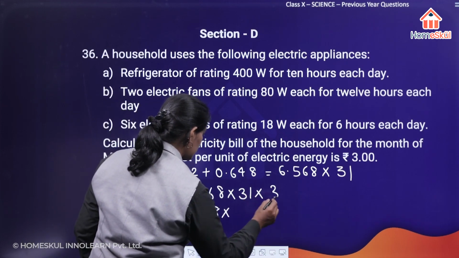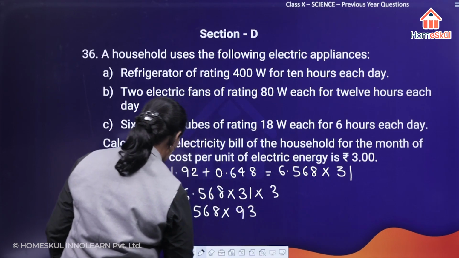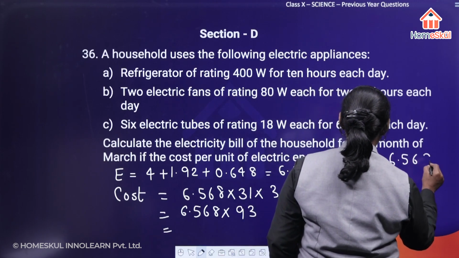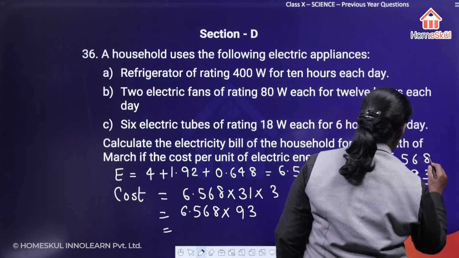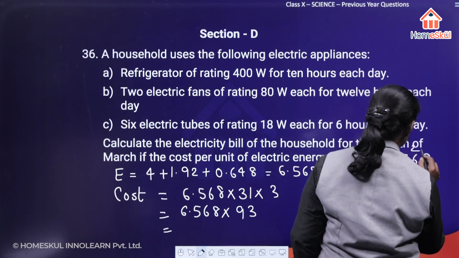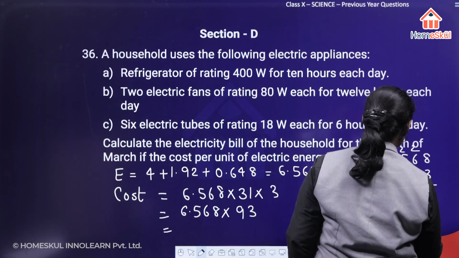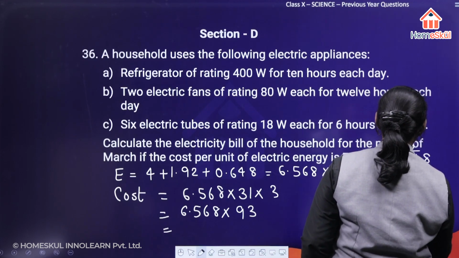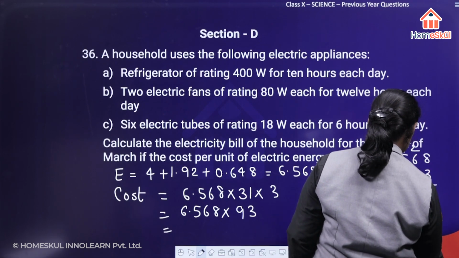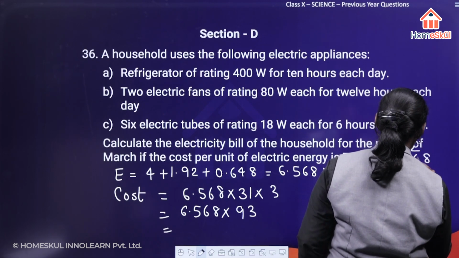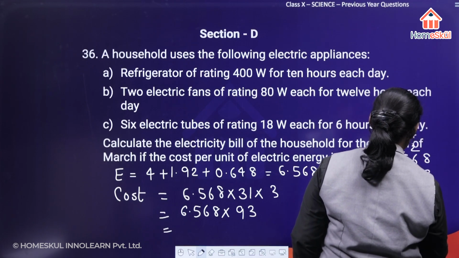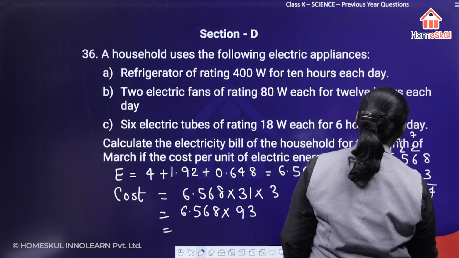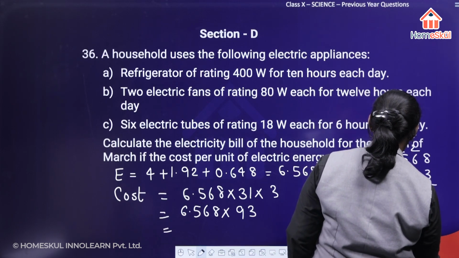It gives you 6.568 multiplied by 93, and let's see how much we get. 6.568 multiplied by 93. 8 3s are 24, we carry 2, 6 3s are 18, and so on.